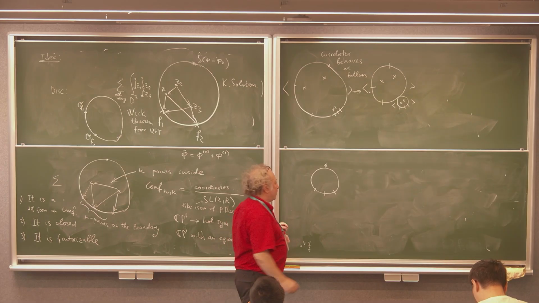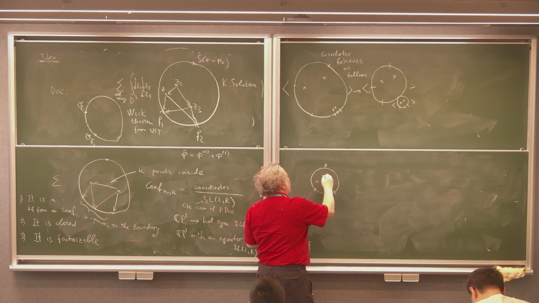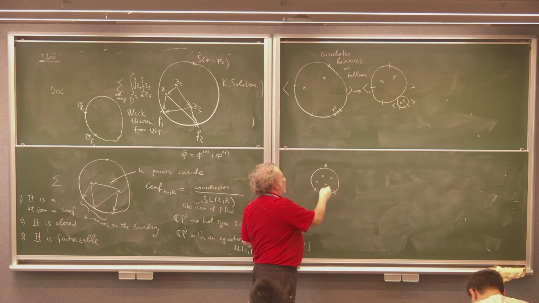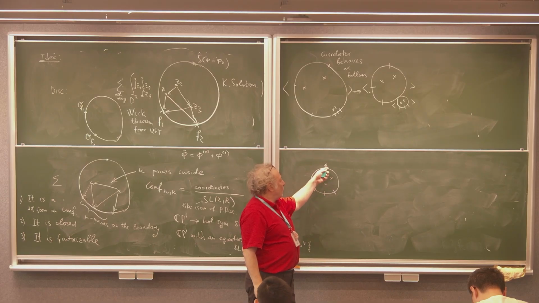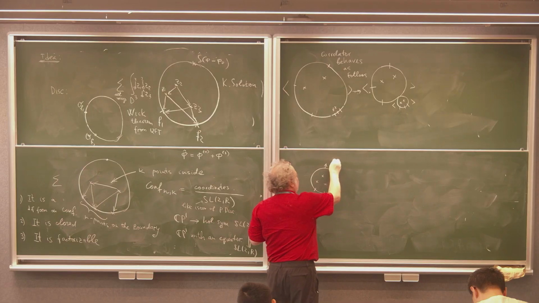Consider the following space: any number of internal points, 3 points here and 1 point where I have a delta function.